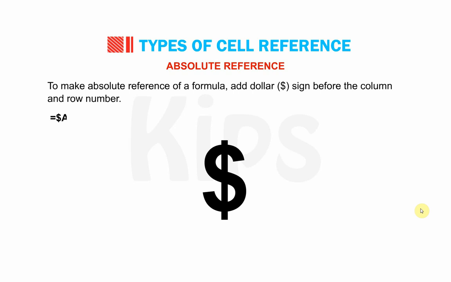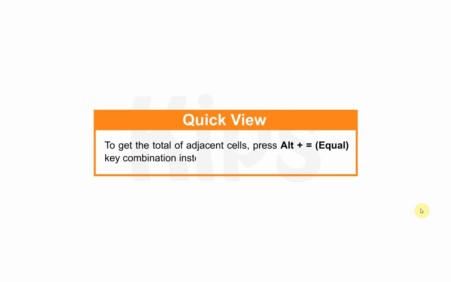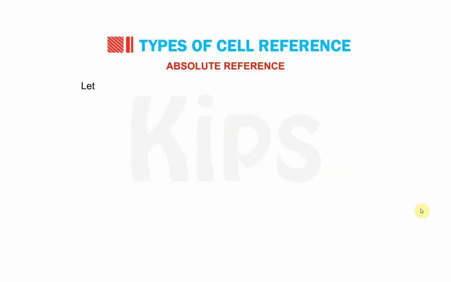Equal to $A$1 plus $A$2 is an example of absolute reference. Students, we can quickly get the total of adjacent cells by pressing the Alt plus equal key combination instead of clicking the AutoSum button.